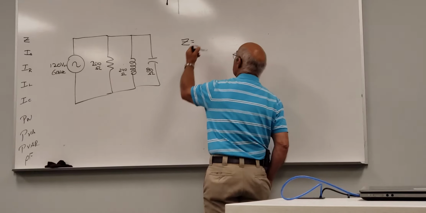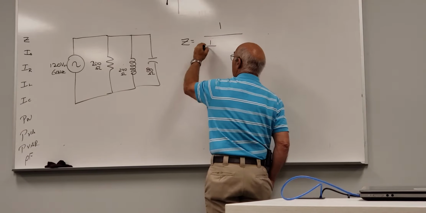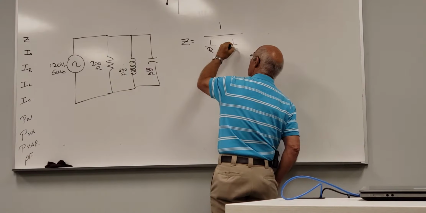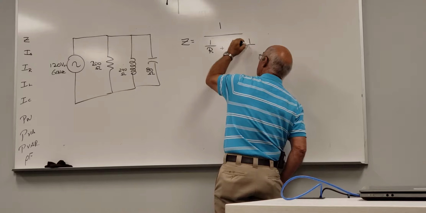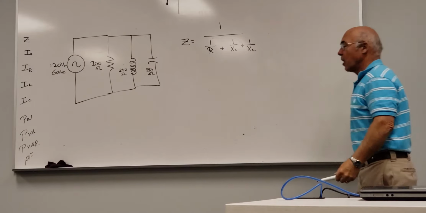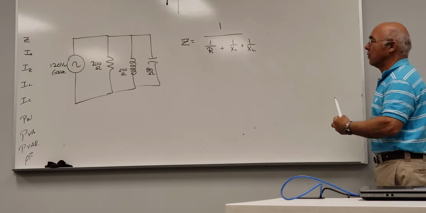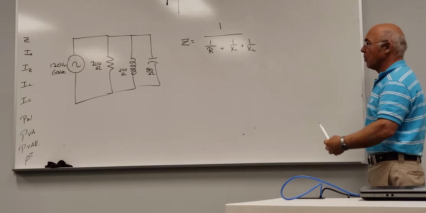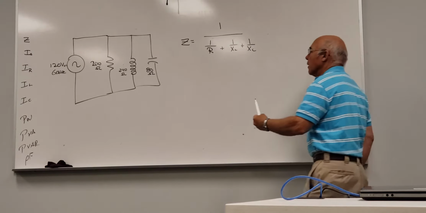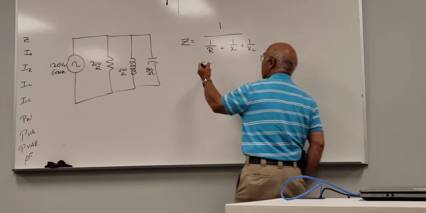We're gonna do the same thing here. 1 divided by 1 over R plus 1 over X of L plus 1 over X of C. Trouble is, that's not correct because that's algebraic addition. These are reactive components. This is an AC circuit. We got to add these all vectorially.